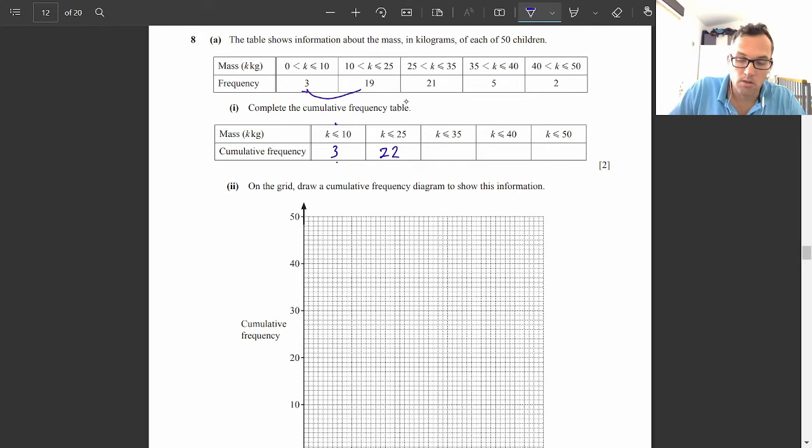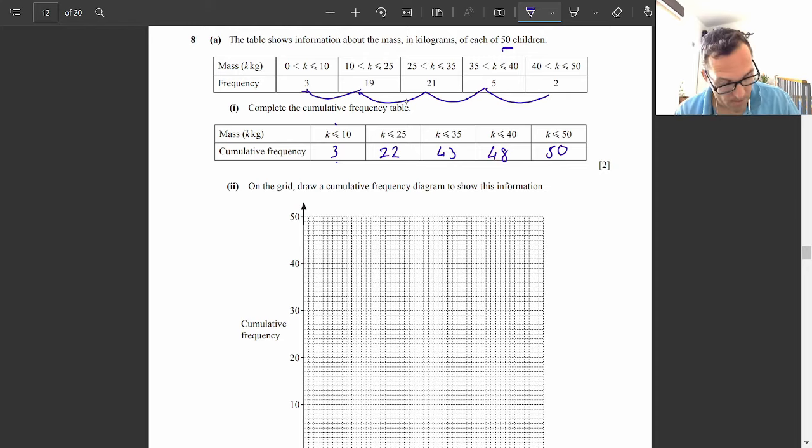Next, all the students that weigh less than 35. To that, we need to add the 21, which gives us 43. All the students less than 40 kilograms, add another 5. That's 48. And then everybody less than 50, add the last two. 50 students weigh less than 50 kilograms, and that adds up nicely to the 50 we have up there.